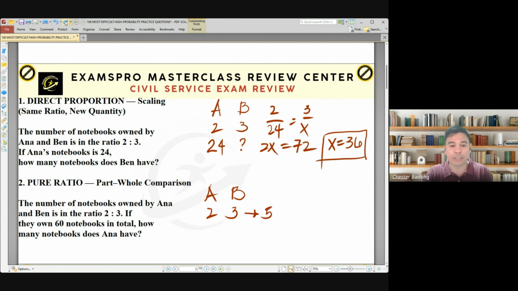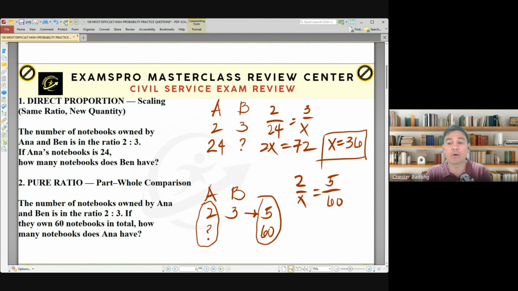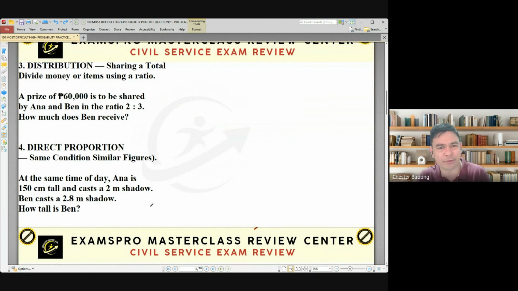Total na notebooks nila, 60. Ang interested po tayo, ilan yung kay Anna? Kay Ben, hayaan mo. Okay? So we have Anna's column and the total column. We can make the equation. 2/x is equals to 5/60. Cross multiply, 5x is equals to 120. X is equals to 24. Alright?